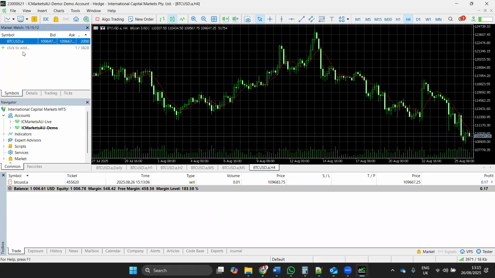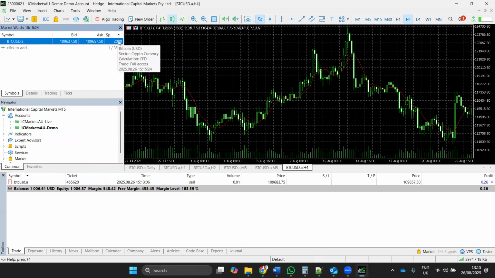Hide all symbols, and then I can see the BTC price. Okay, you see now, the price is continuously changing. Let's make this a little bit bigger. So this is the spread, this is the bid, and this is the ask.